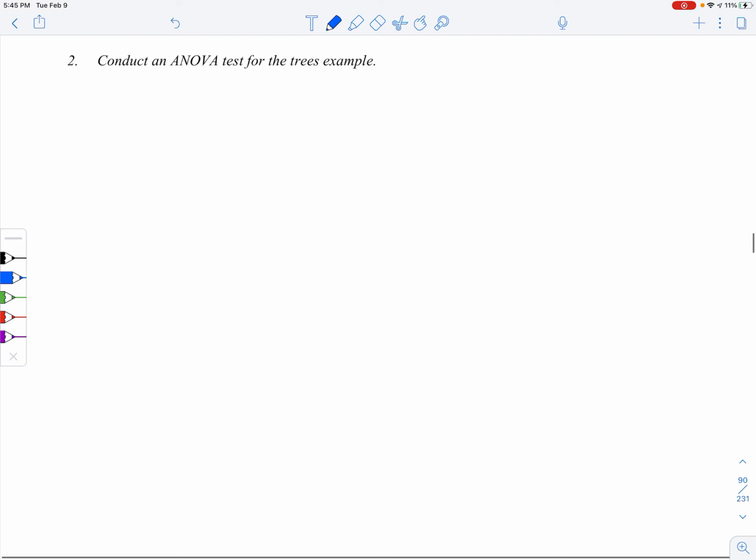So let's take a look at the Anova example here. And so let's see what we've got here. Step number 1.